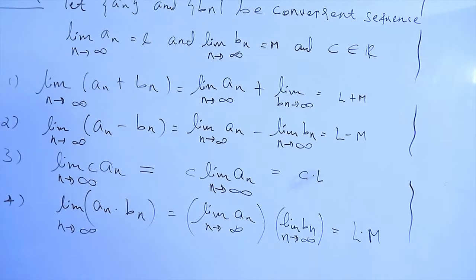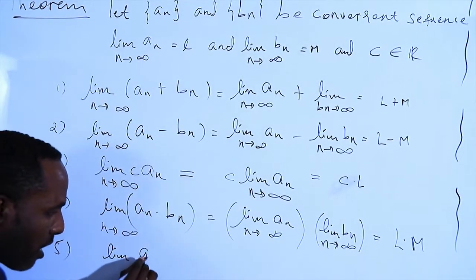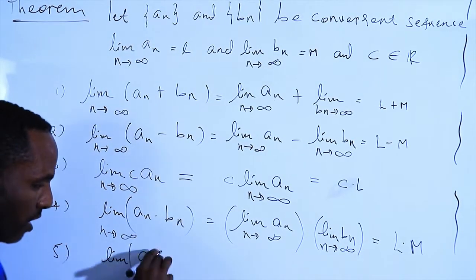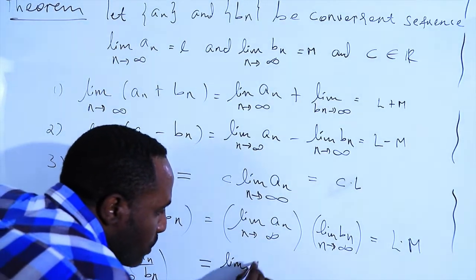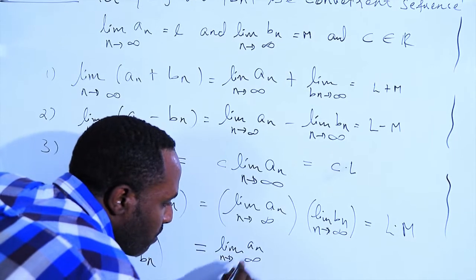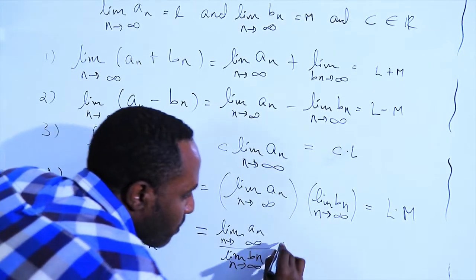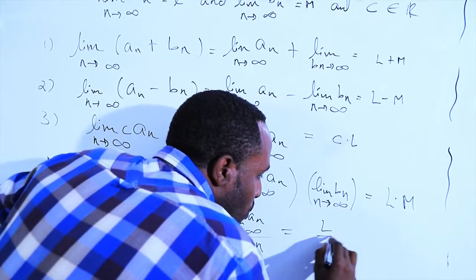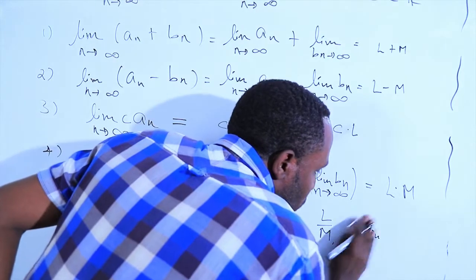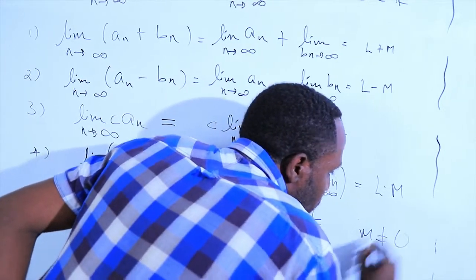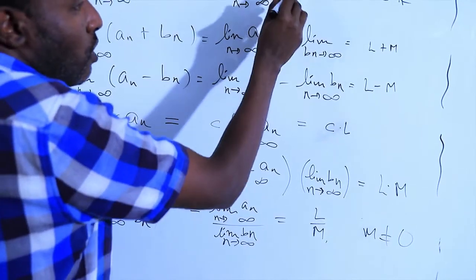The fifth property is the quotient. The limit of the sequence an over bn as n approaches infinity is exactly equal to the limit of the sequence an as n approaches infinity over the limit of the sequence bn as n approaches infinity, which is simply L over m, provided that m is different from 0, that is, the limit of the sequence bn as n approaches infinity is always different from 0.